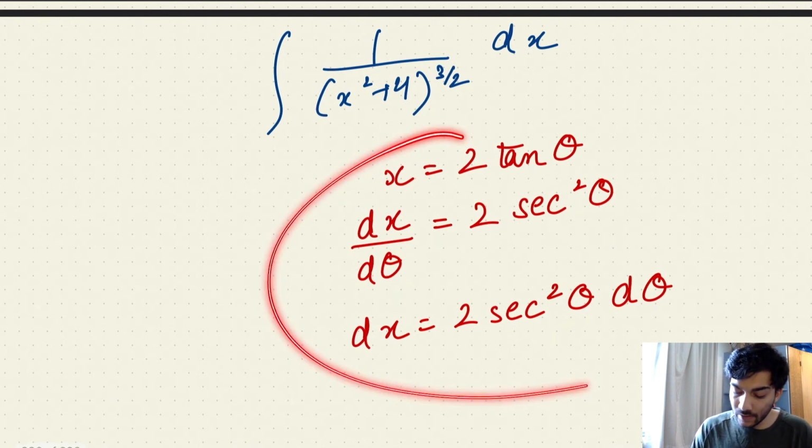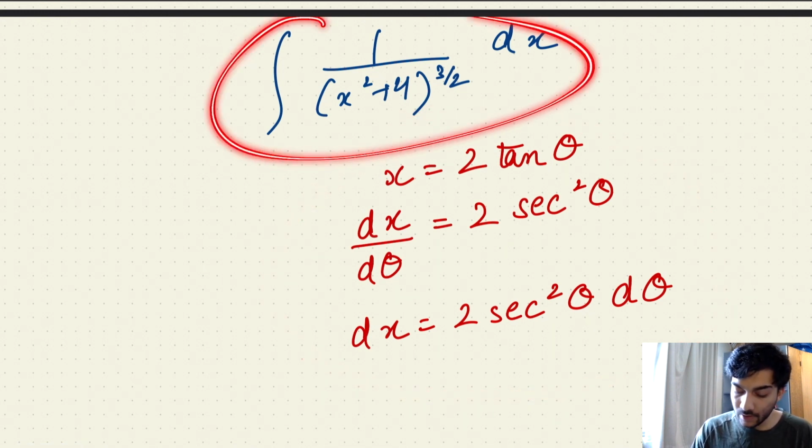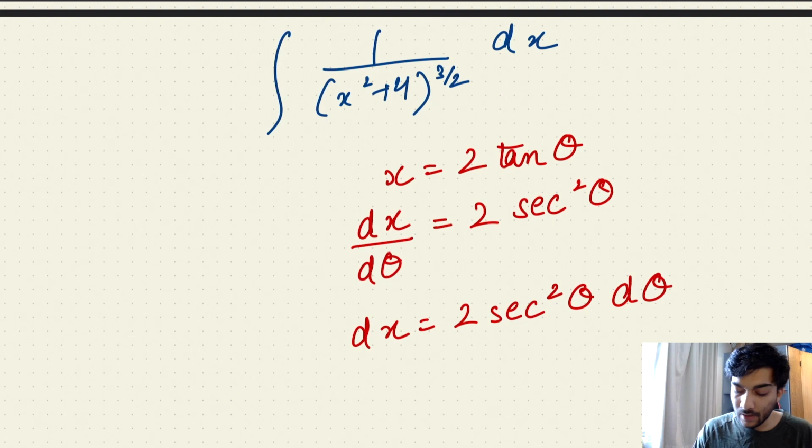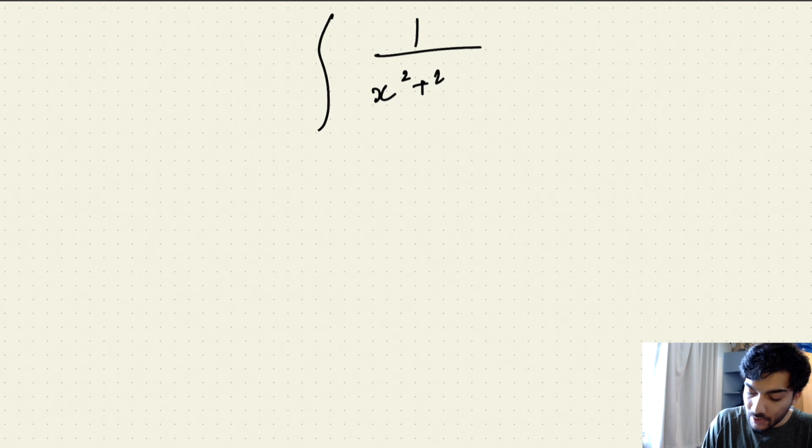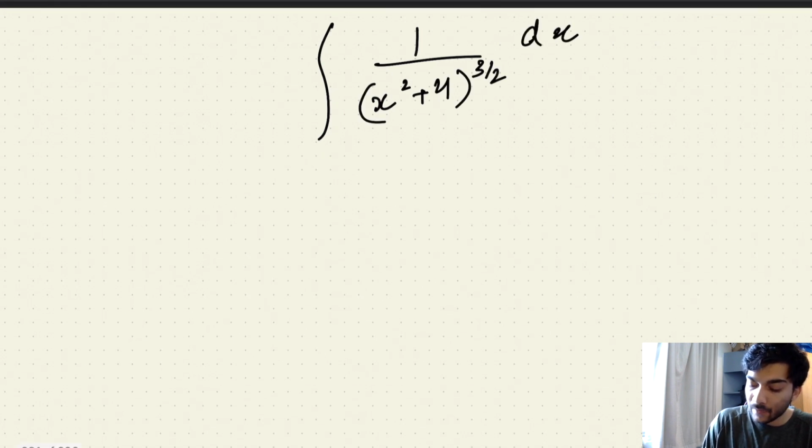So now let's use all these expressions and simplify our indefinite integral. If we change our integral expression based on all those substitutions, our original integral is this, and we assumed our x to be 2 tan theta.